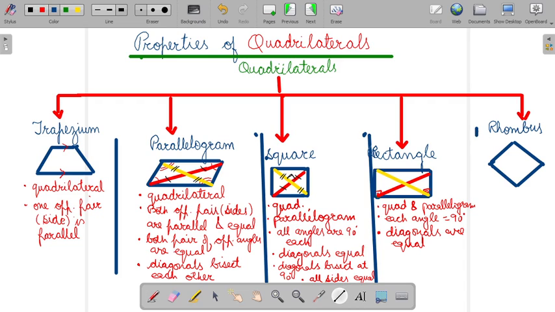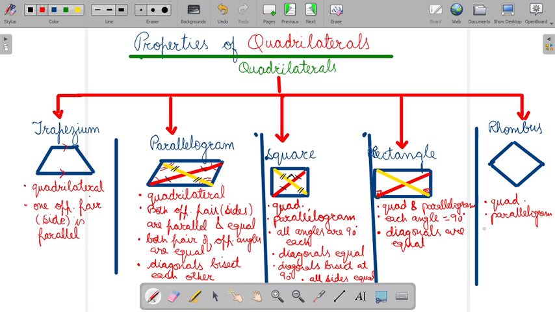Now we will talk about the rhombus. So in rhombus, tell me, first thing, whether it is a quadrilateral? Yes, it's a quadrilateral. Whether it is a parallelogram? Yes, it's a parallelogram. So it means that all the properties of a parallelogram will be there in rhombus also.